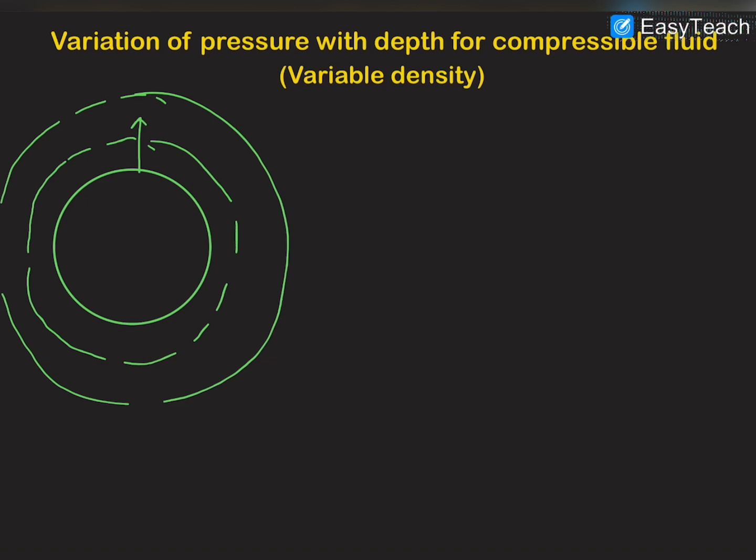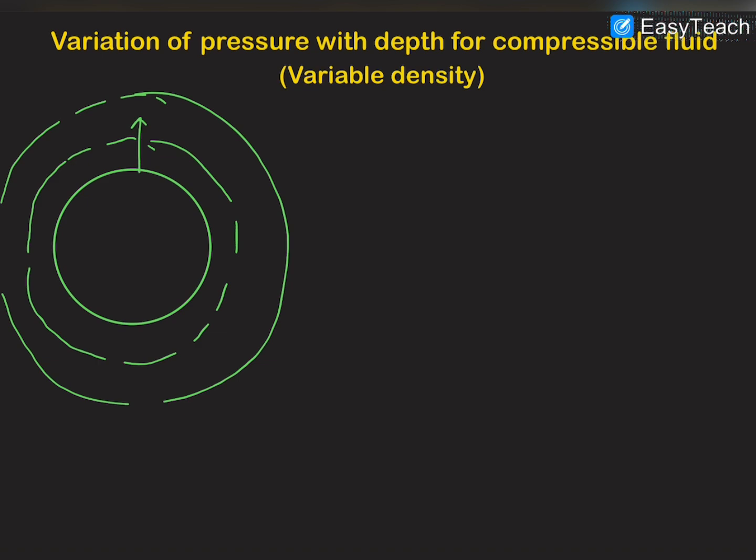This can be explained by a simple fact. As you can see, the air column is this, and we know that due to gravity the pressure increases in the direction of gravity. So as we move in the downward direction, towards the gravity of earth, pressure will increase.